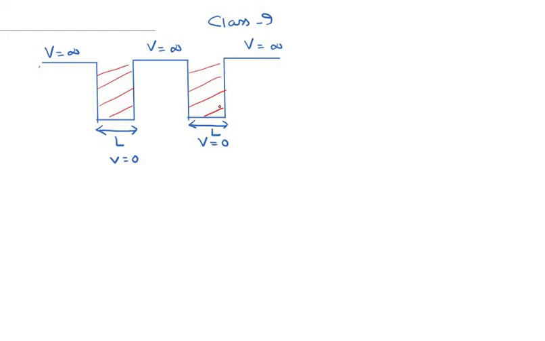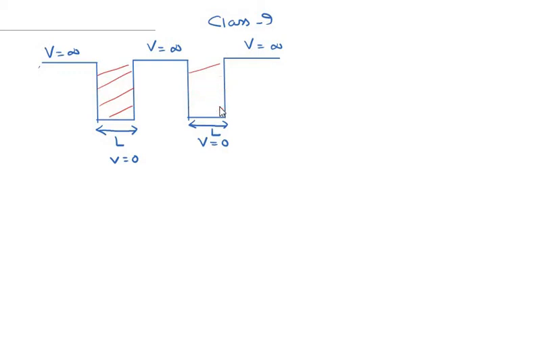A state is basically an allowed value of energy where the electron can exist, or an allowed value of momentum or wave vector where the electron can exist. So when I say state, it is some allowed value of energy or momentum or something else where the electron can exist, but it is not necessary that the electron actually exists in that state.